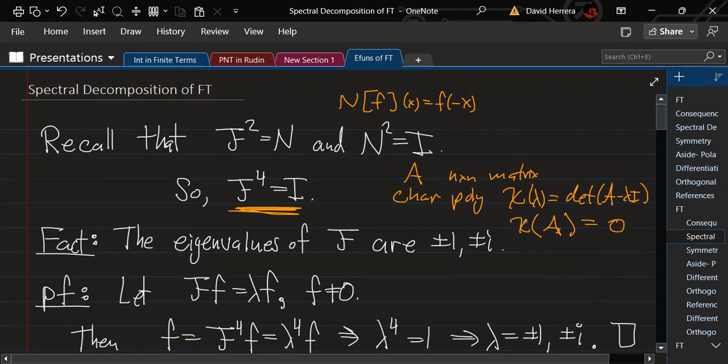You could also show this more elementarily from just the fact that it's an n by n matrix, but the Cayley-Hamilton theorem tells you that there's a polynomial, chi, with chi of A equal to 0.